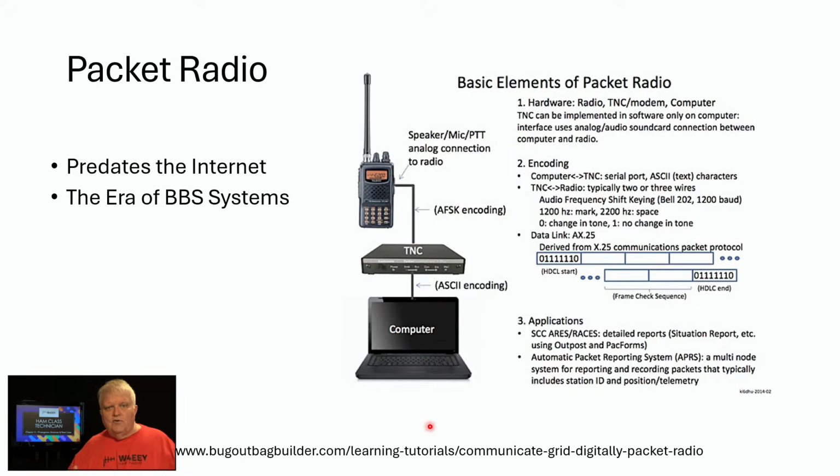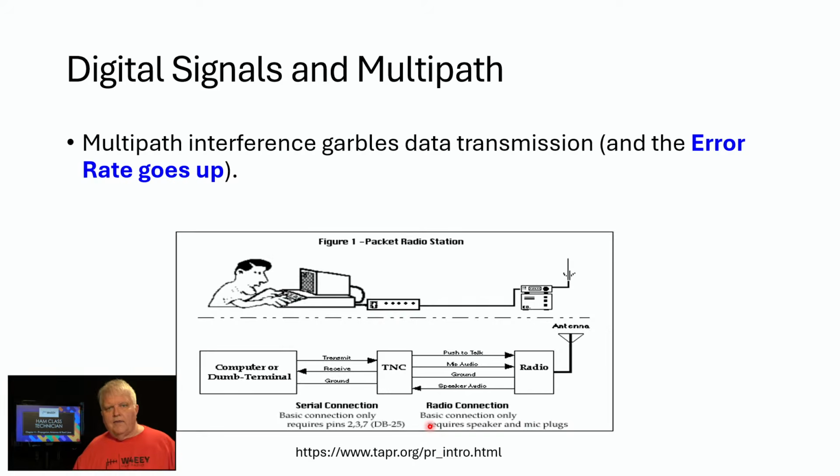Now, digital communications are great, but they are not immune to multipath. With digital signals such as packet radio, if you get multipath, what happens is the error rate for the digital transmission goes up, and your throughput, the amount of data that you can transmit, goes down. So just know that the digital signals can be affected by multipath, and when that happens, the error rate goes up.